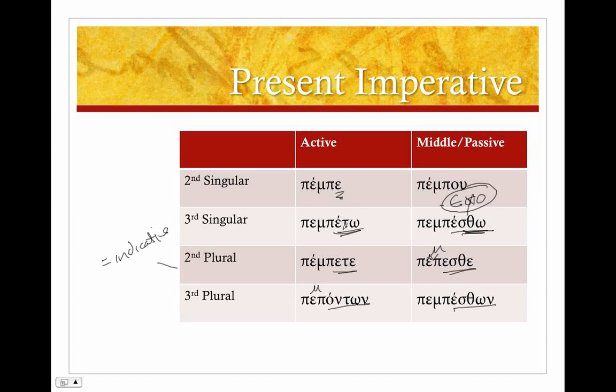And one thing to remember that I'll signal you all the way, all third singular actives will have this to. All third plural actives will have the ton. And with middles, esthō and esthōn, you're going to see those over and over again.